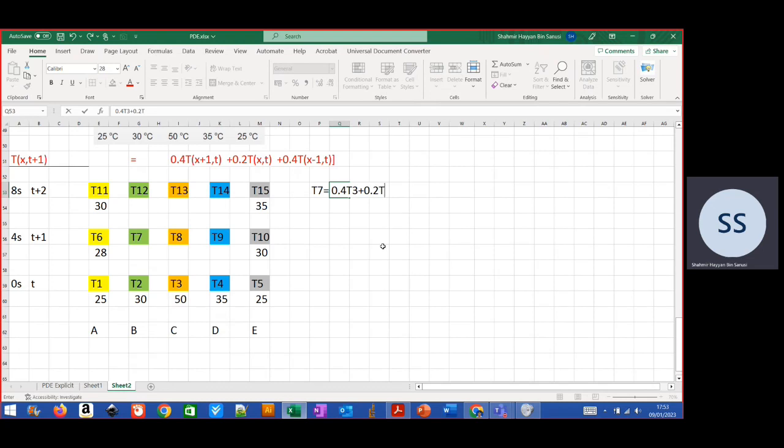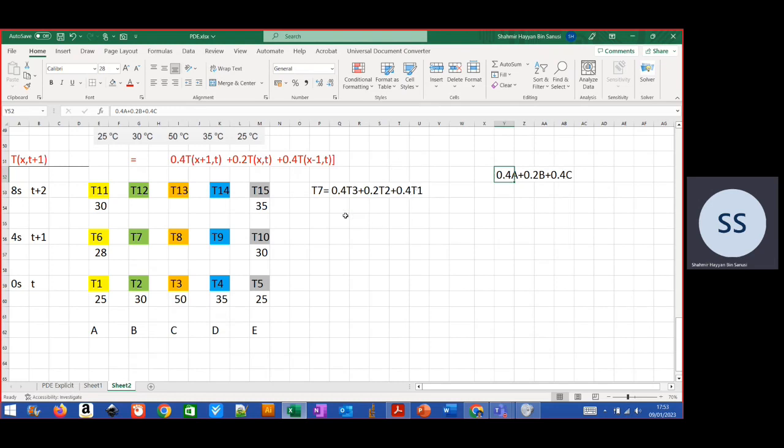Once you have this, you can put it in your calculator, using 0.4 A plus 0.2 B plus 0.4 C. Your A corresponds to T3, your B corresponds to T2, the temperature at point 2, and C corresponds to T1.